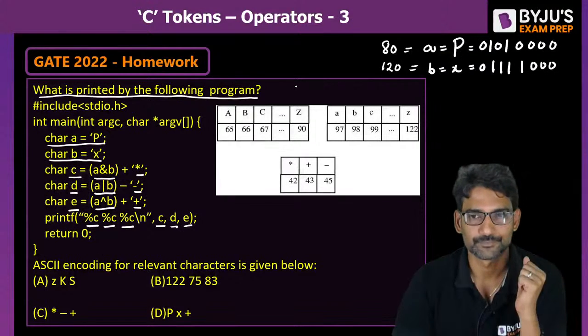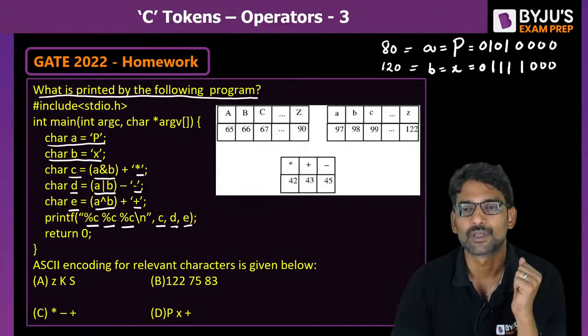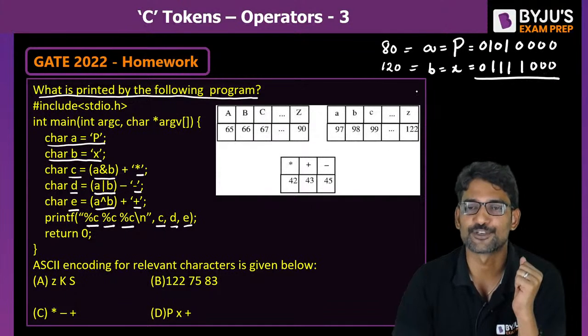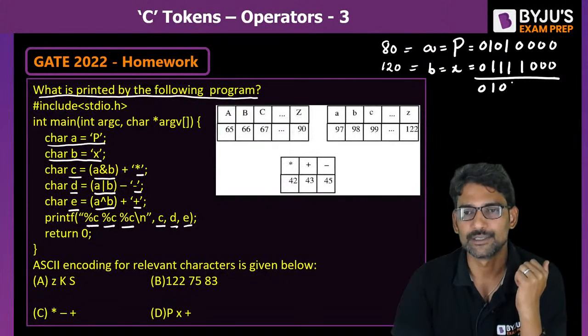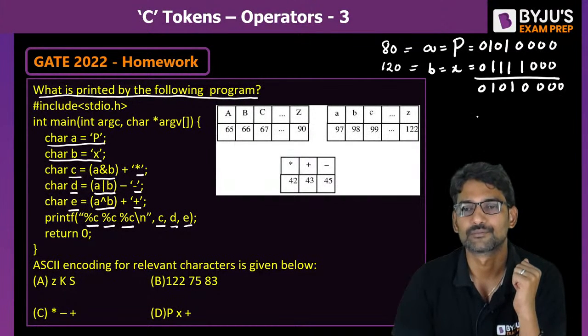Right? Now, what you have to do is the AND operation. So, 0 and 0 is 0, 1 and 1 is 1, 0, 1, 0, 0, 0. What is this value? This is again 80.